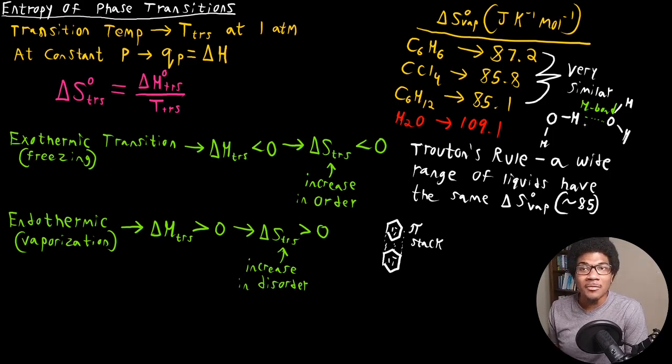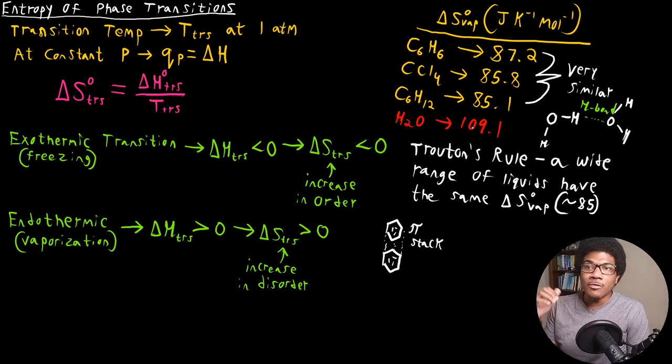These hydrogen bonds cause a much more ordered structure. So when you raise the temperature and cause this phase transition, you get a much more dramatic shift in the entropy because you're causing more of a change in the order of the structure. This structure of water is going to be much more ordered than any of these other structures that just rely on rather weak van der Waals interactions.